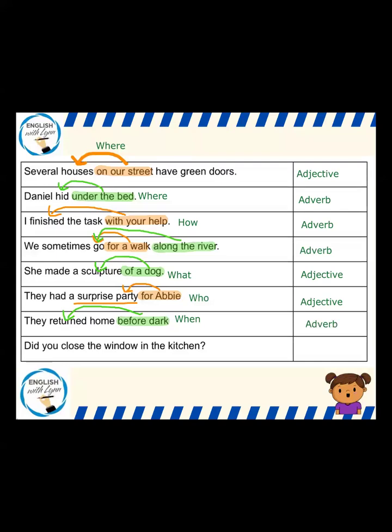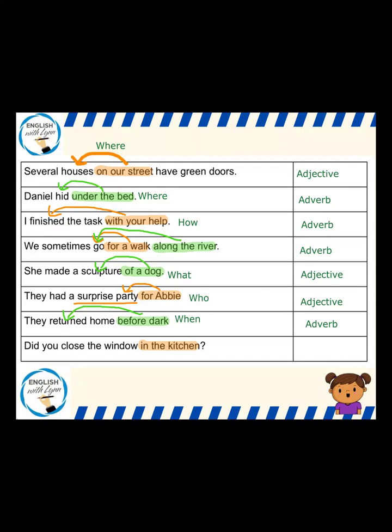And then my last sentence, did you close the window in the kitchen? I can look there and I think I can work it out. So, did I close the window in the kitchen? So, in the kitchen, it's saying where the window is. Now, is in the kitchen linking to the close or is it linking to the window?